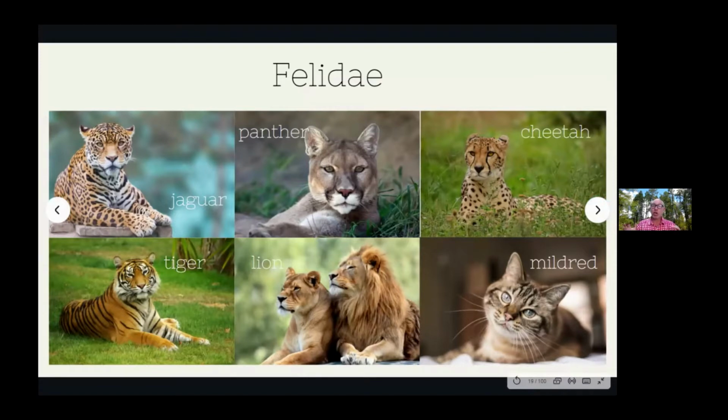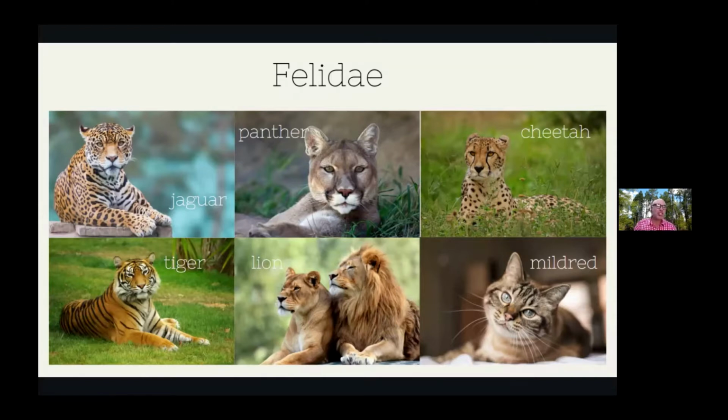Here we have a group of animals, living organisms, multicellular, just like our plants. This is a group called the Felidae. And in the Felidae, this group, which are known as the cats, we have different kinds, different genera, different species, but they're all cats.